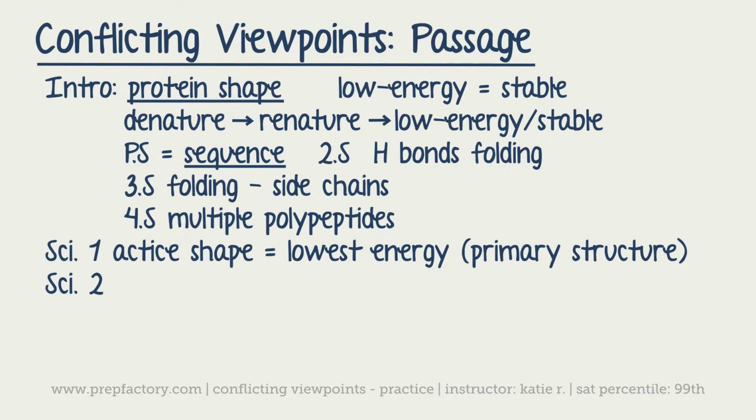Okay, so Scientist 2 says, the active shape of a protein is dependent upon its primary structure. However, a protein's active shape may also depend on its process of synthesis, the order in time in which the amino acids were bonded together.